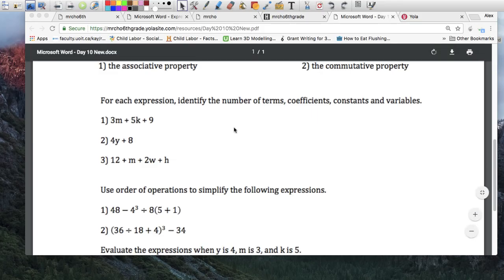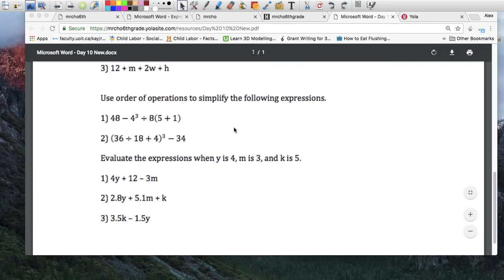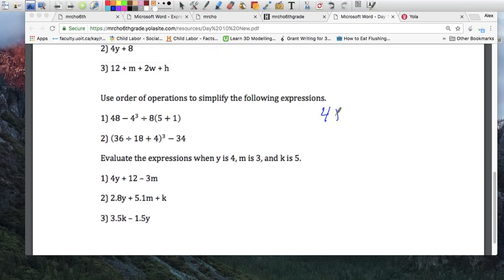Now use order of operations. Let's do the first one: 48 minus 4 to the third power divided by 8 times the parentheses, and I'm going to do 5 plus 1, which is 6. Now 4 to the third power is 4 times 4, which is 16, times 4, 64. I changed the exponent to 64, divided by 8 times 6.